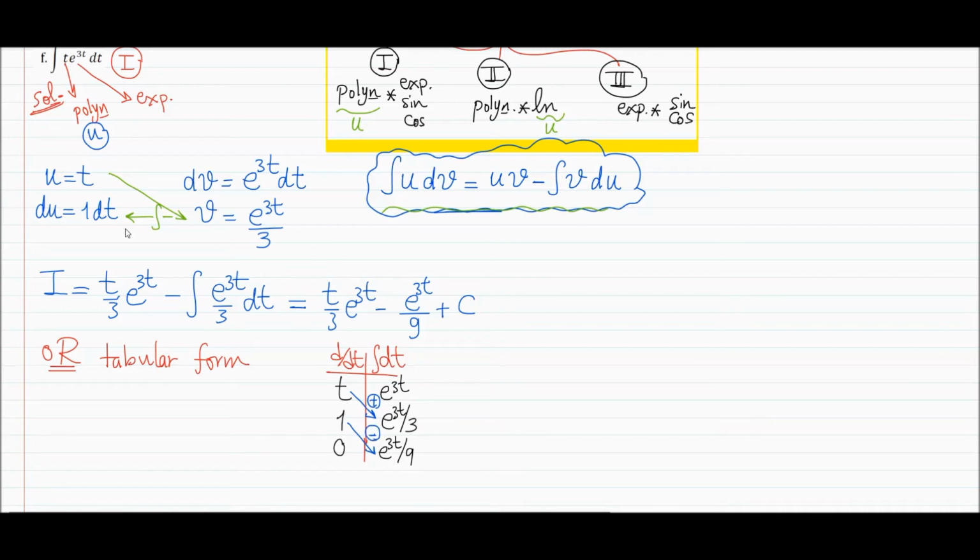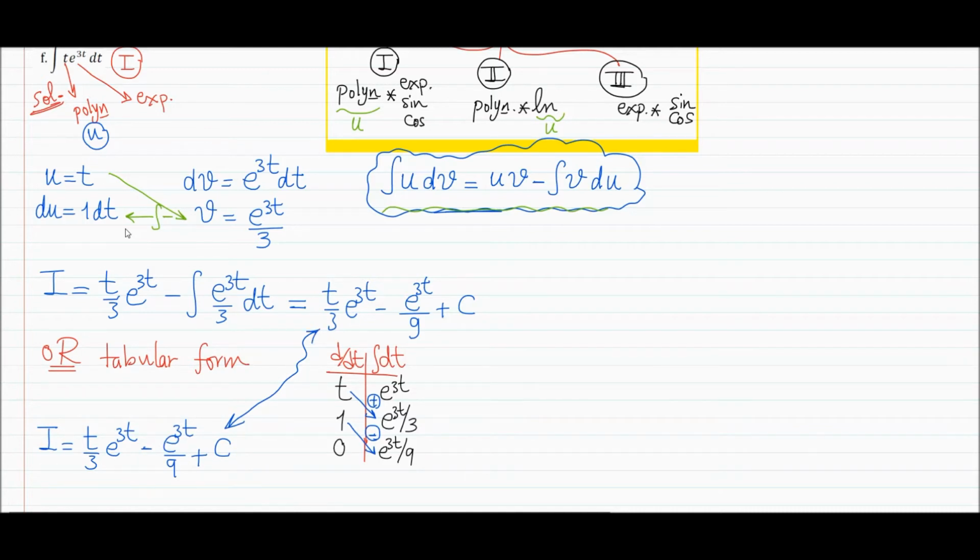So directly our integral will be I equals t e power 3t over 3 minus e power 3t over 9 plus c, which is exactly the same as before, but in a different and easy way.